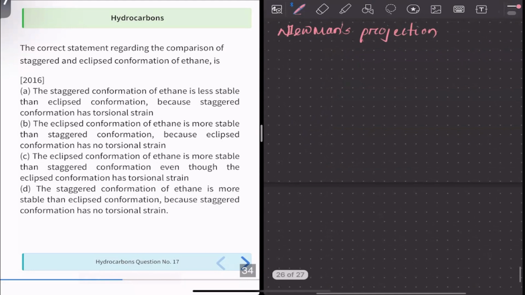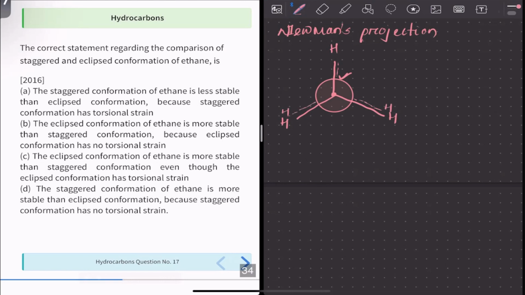In the Newman projection, this whole circle is a carbon atom, the back side carbon atom, and this dot is the front side carbon atom. To the front side carbon, three hydrogens are attached, and to the back side carbon atom, three hydrogen atoms are attached.